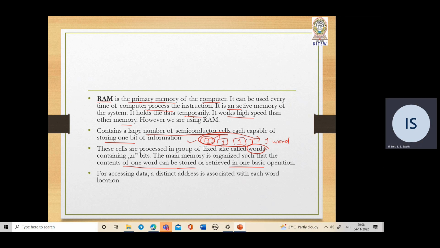And whenever we are storing this group of bits into memory as a word, it will be stored in the memory with the help of some address. Suppose here I am taking 8 bits equal to one word. Right. So they will be occupying 8 blocks of memory.